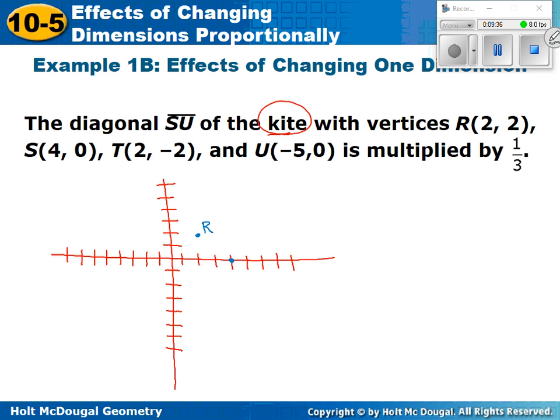Be careful when you graph point S. Oftentimes I see students make a mistake when it's 4, 0. They accidentally graph 0, 4. And the same when you graph point U. And obviously mine's not going to look perfect because my graph was hand drawn. Make sure you have graph paper if you need it for the homework.